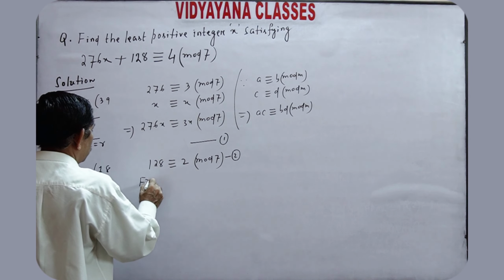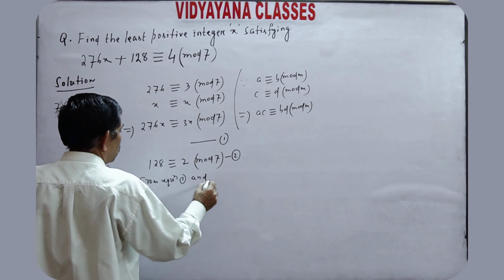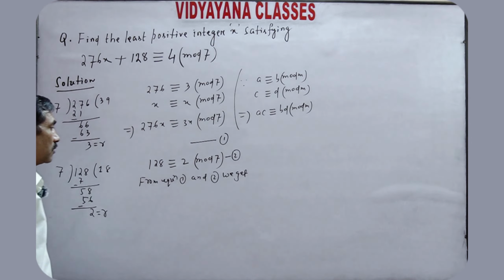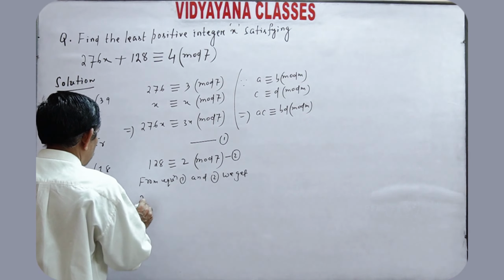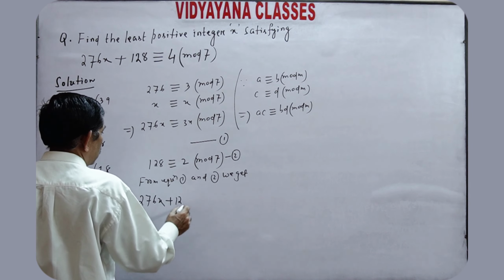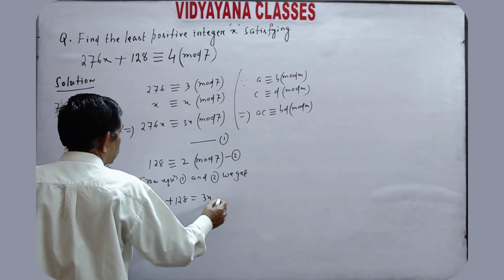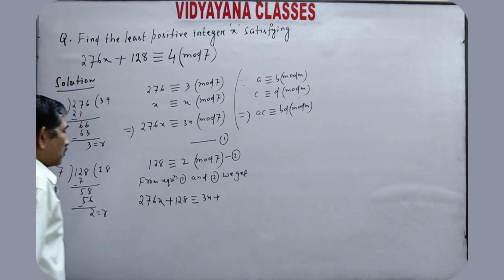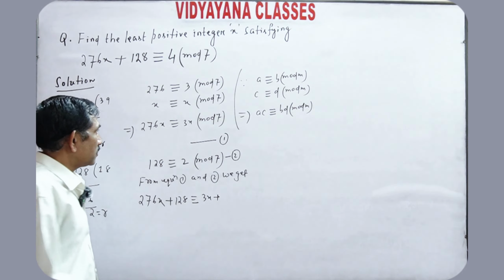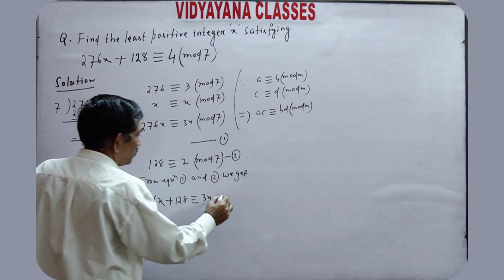From equations 1 and 2, we get 276x plus 128 congruent to 3x plus 2.